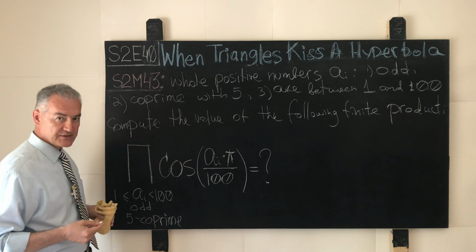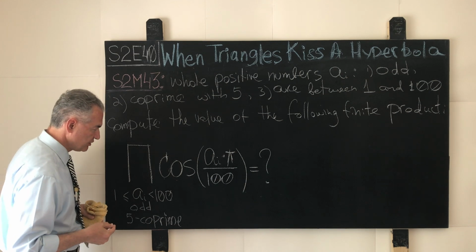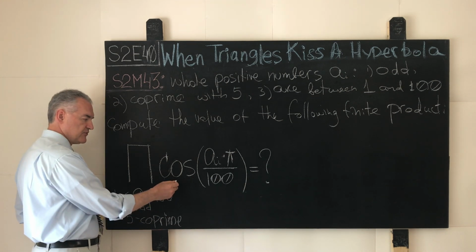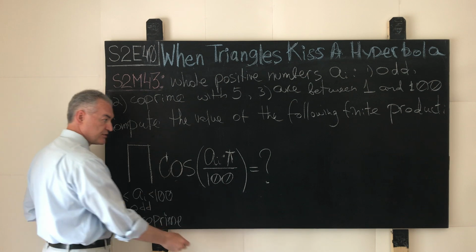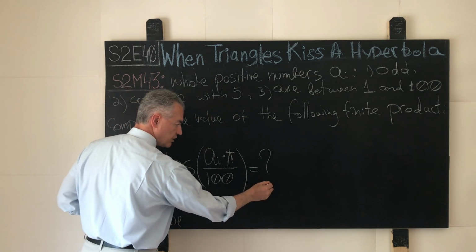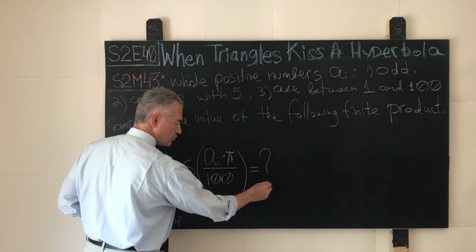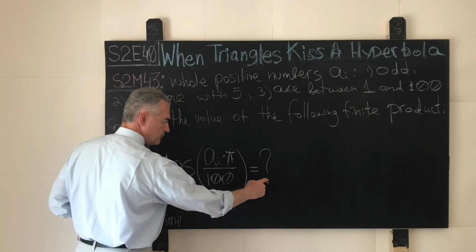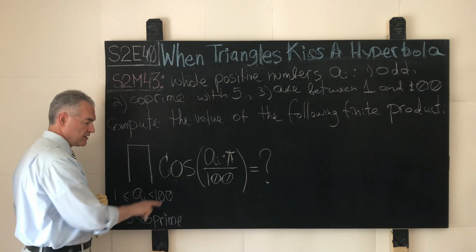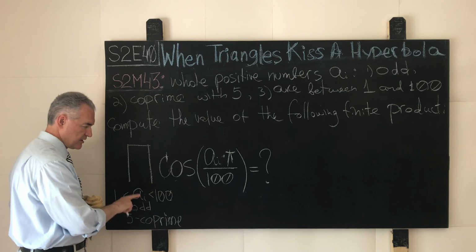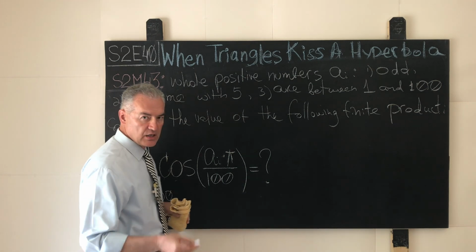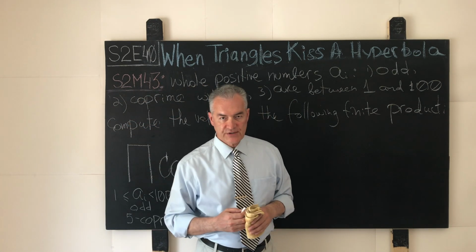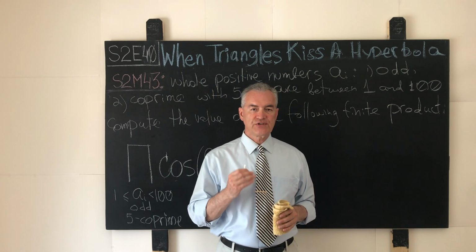Every such number has the multiplicative inverse and so on, which means that a finite product of real numbers is a real number, and we're looking to unmask or to reveal the name of that real number that sits behind this finite product. Good luck to you guys with this challenge, and thank you for your time.